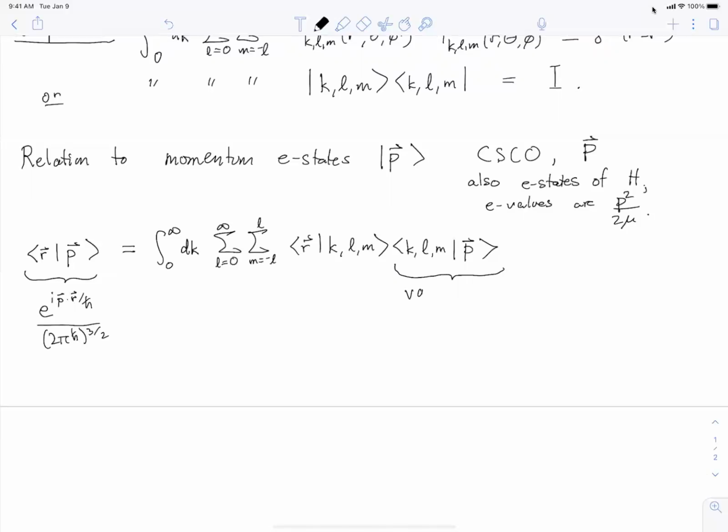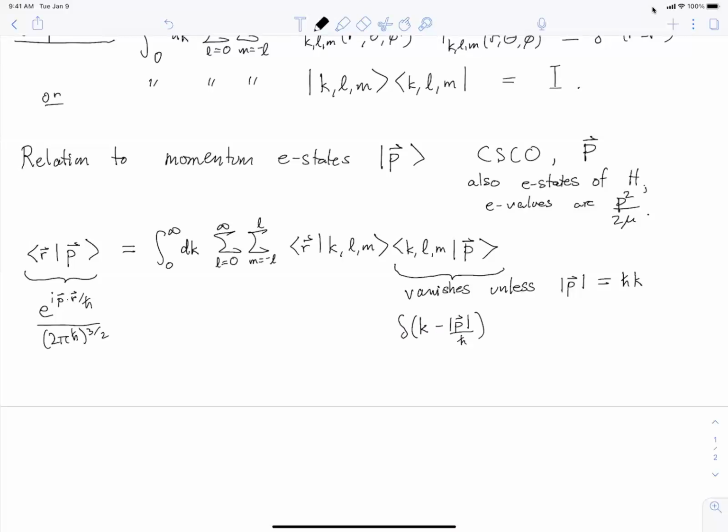And so this will vanish unless they have the same energy eigenvalue, which is given by P. And so P has to equal h bar times k. So if it vanishes unless that's true, and P and k are continuous variables, that means it must have the form of a delta function in k minus magnitude of the momentum divided by h bar. So it's that times something.